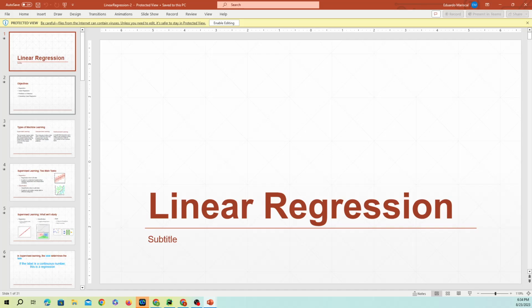We're not going to go too heavy in the math because we want to focus on the model and not on the mathematical part, right? Most of the mathematical part is done in Scikit-learn, which is a Python library.